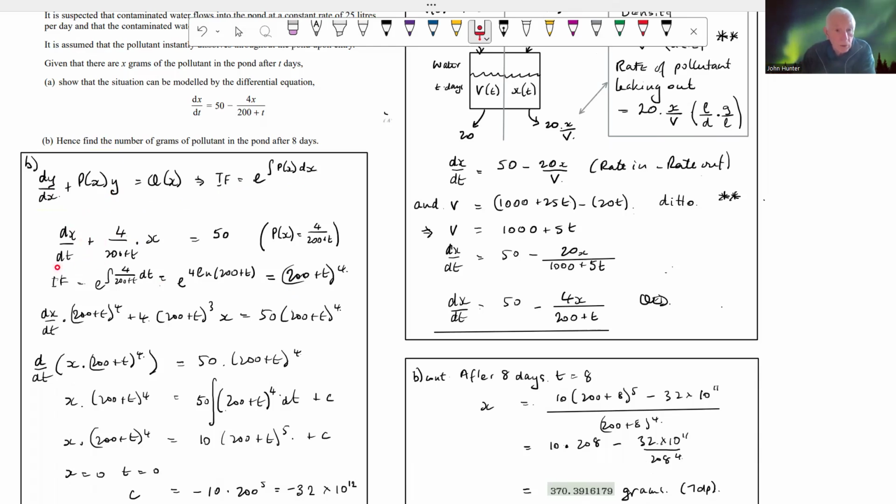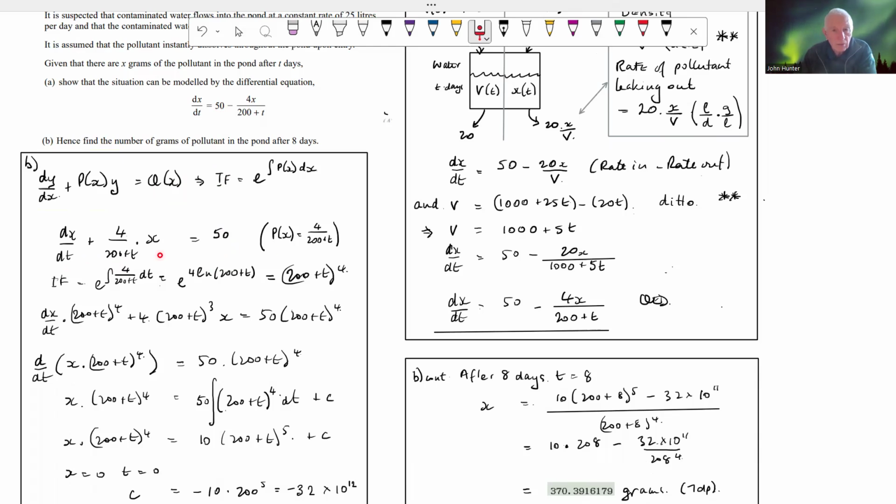So that is our equation there, just rearranged. We've got the constant, well, it's constant, but we're regarding that as being a function of t essentially. So it's the right hand side.